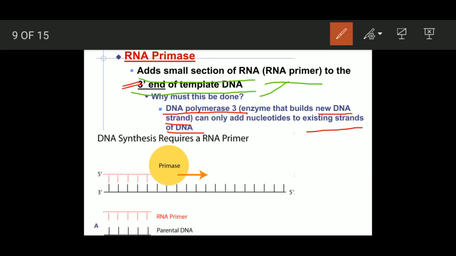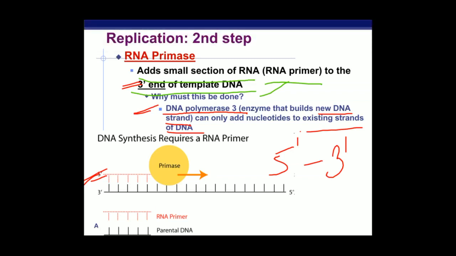So we need to put the RNA primer, which you can see here, so that DNA polymerase 3 will bind to the RNA primer and start the formation of the new strand, that is the DNA replication, the addition of nucleotides, and thus the formation of strands takes place from 5' to 3' direction. Very important, guys. We'll discuss it furthermore also.